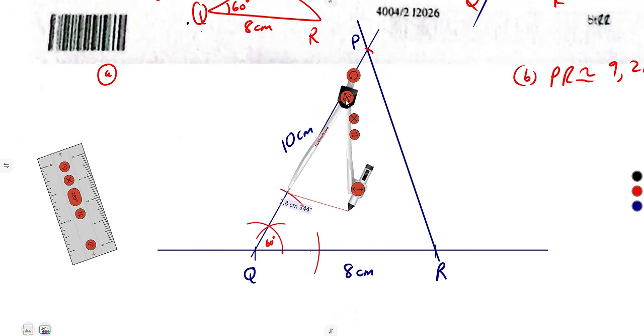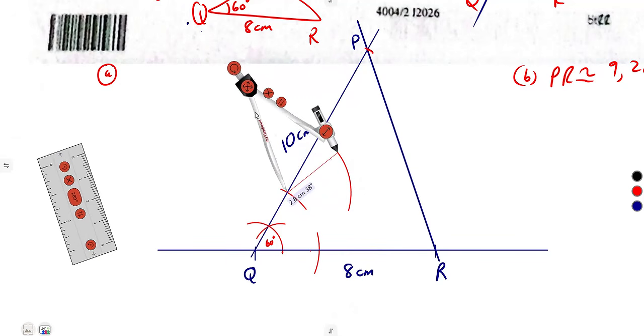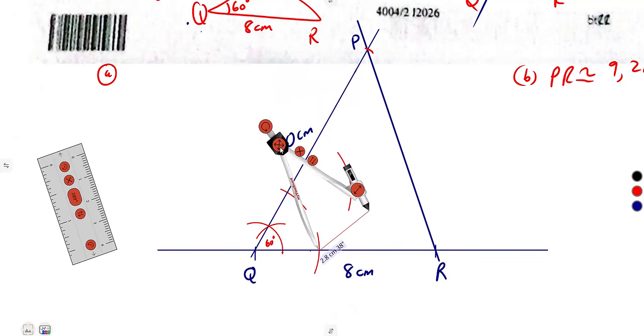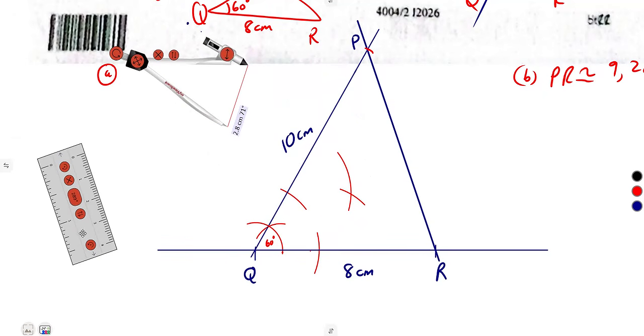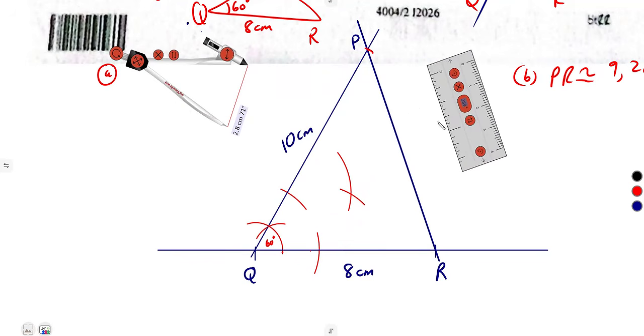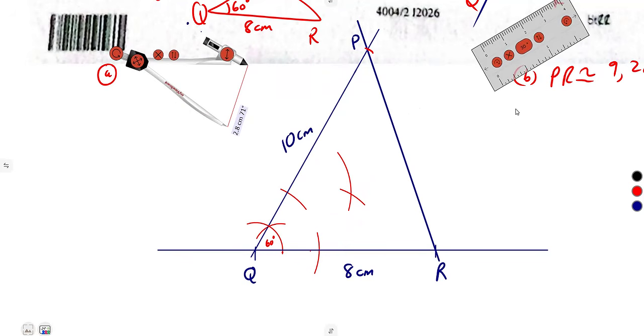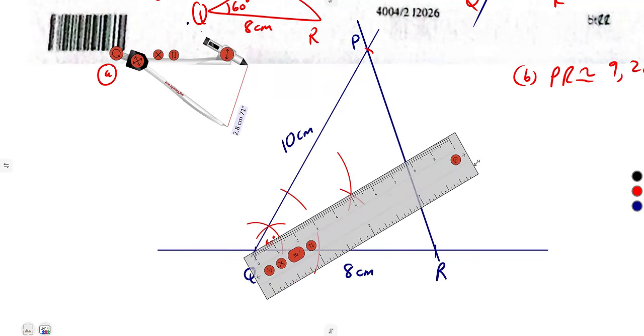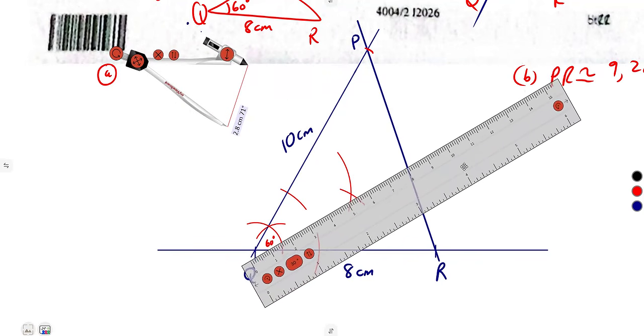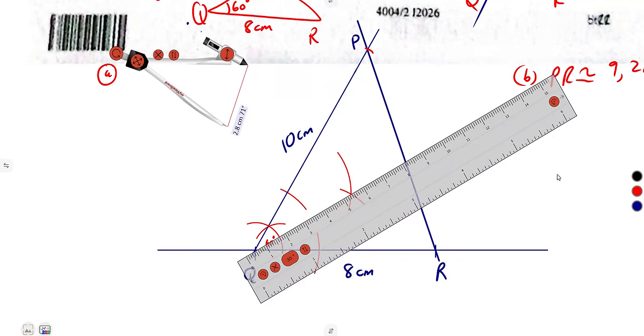Just mark an arc. So you construct an arc from here, and from this one, you do the same thing. You construct an arc so that they do meet at a certain point. Where they meet, you simply join from the point Q, the one that you are bisecting, passing through these two arcs that intersected here.